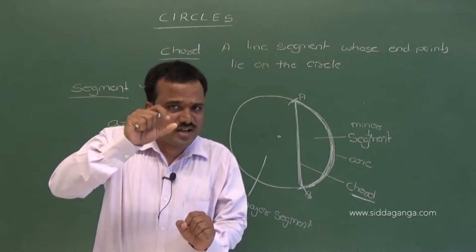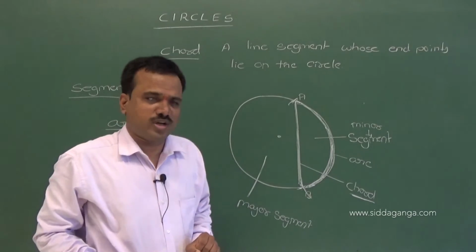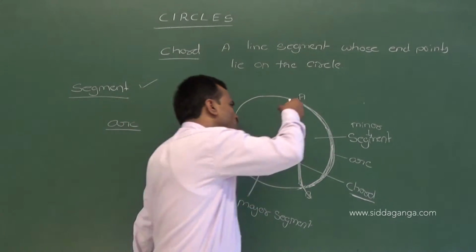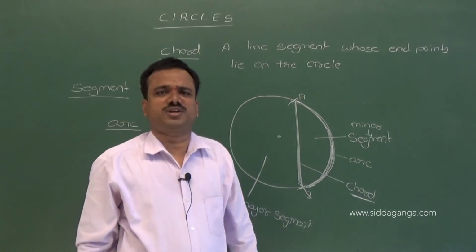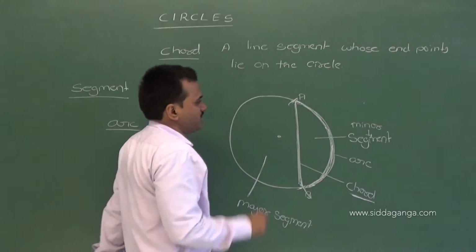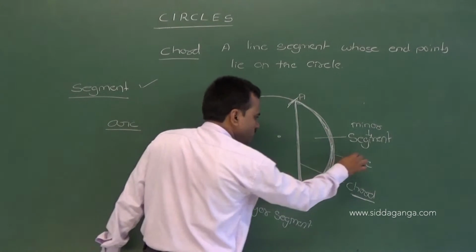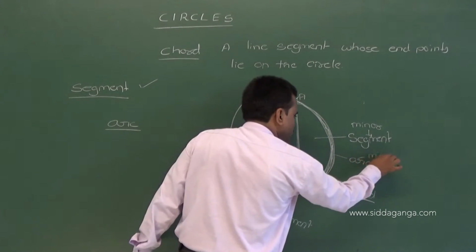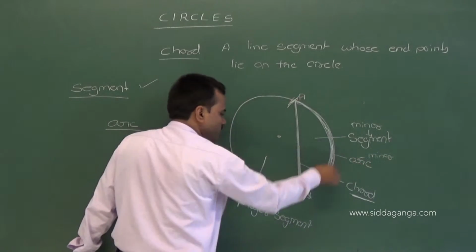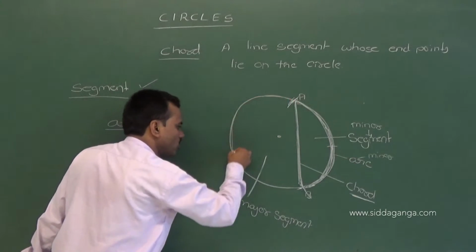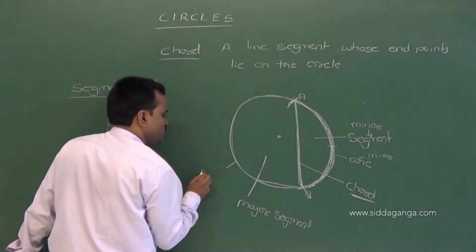An arc means a portion of the circumference of a circle. In an arc, this one, A to B, A P B, we call the minor arc, and this we call the major arc.